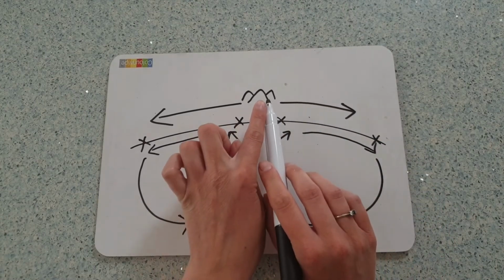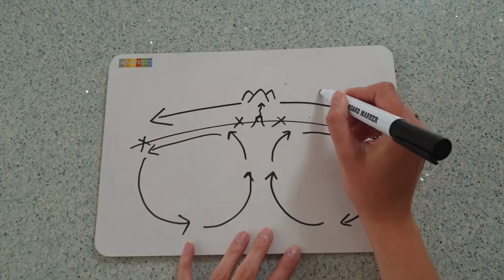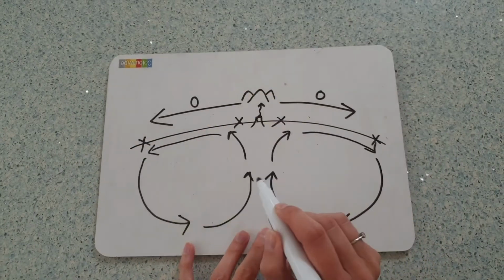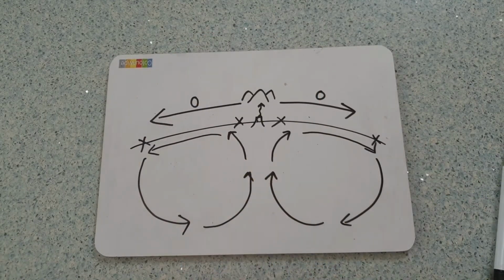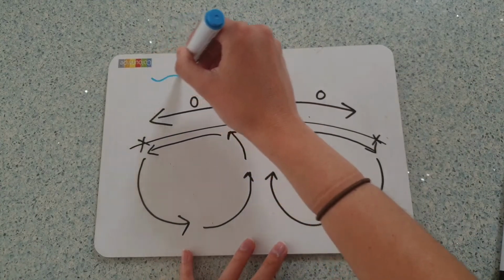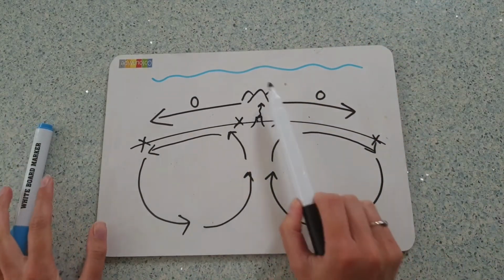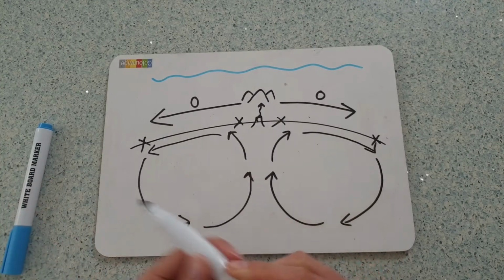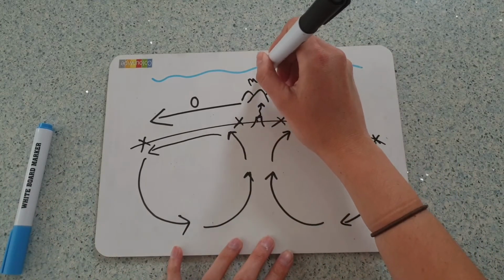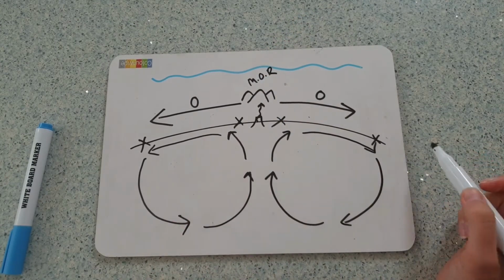Now we mostly get plates moving apart where we have two oceanic plates. So this plate here will be oceanic, this plate here will be oceanic, which means this is obviously going to be, let me grab my blue pen, all underwater. So we have these underwater volcanoes, which we call the mid-ocean ridge, and you'll often see that labelled as MOR, and I believe you labelled that on your little diagram.